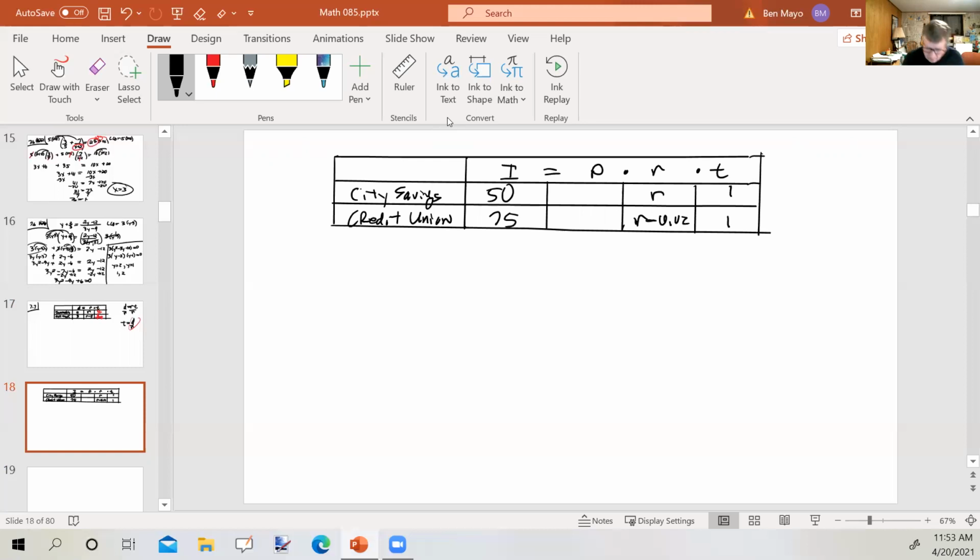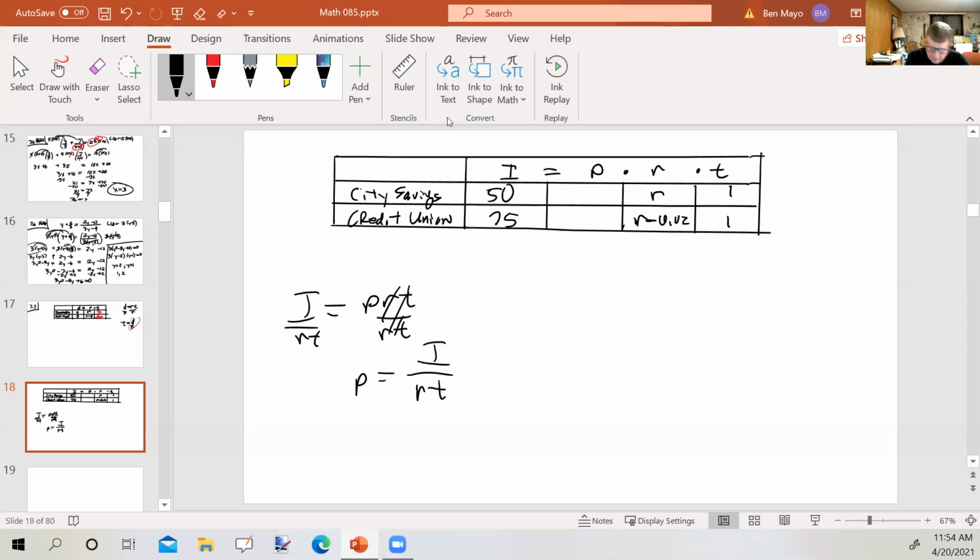Okay, so I equals PRT. Interest equals principal times rate times time. Simple interest formula. We need to fill in for P. So if I equals PRT, to solve for P, we would divide both sides by RT. So P equals I divided by RT. Are you okay with that?